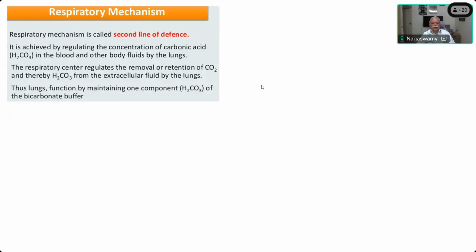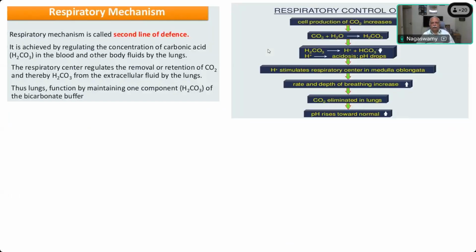So a patient with acidosis, what will be his respiratory rate? Tachypneic, sir. Tachypneic. That's a method of eliminating, hyperventilating, and washing out the carbon dioxide to bring the pH back to normal. If you remember that, you can remember this particular mechanism of maintenance.